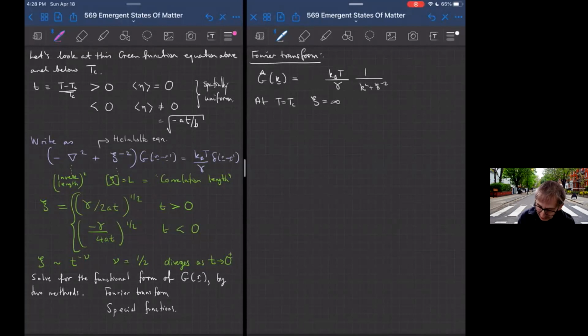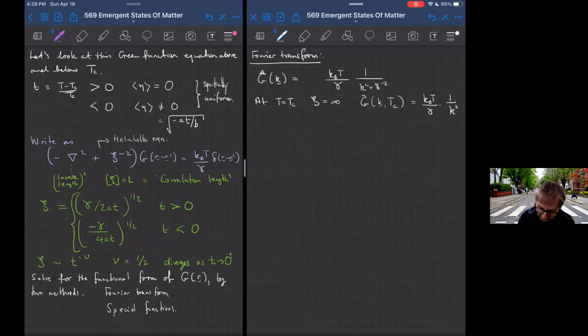And so we can see that g hat of k evaluated at the critical temperature is just equal to kBT over gamma times 1 over k squared. So the correlation function in Fourier space decays with a power law with an exponent minus 2.